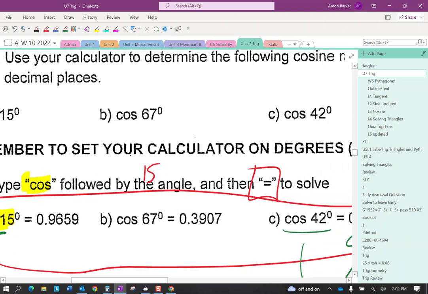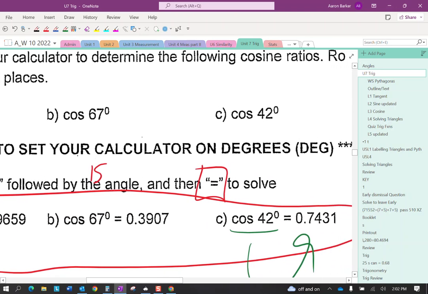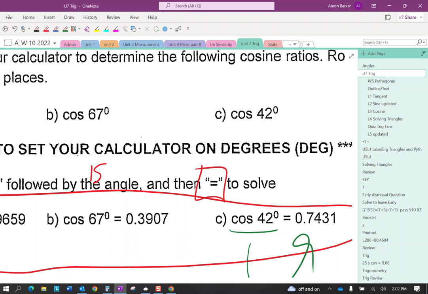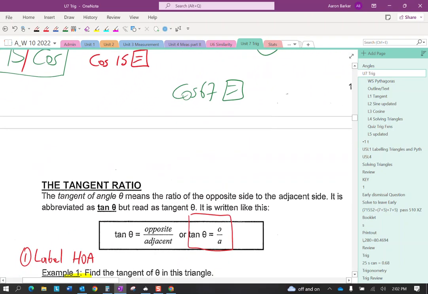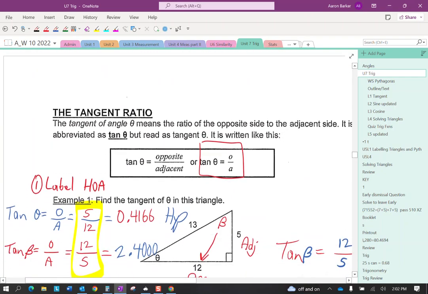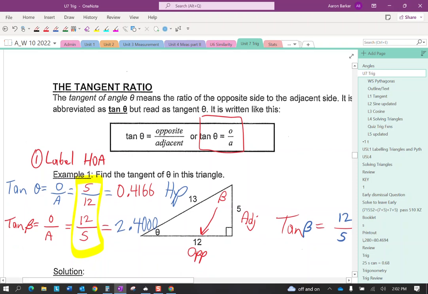And the last one as well, cos 42, 0.7431. Any issues?